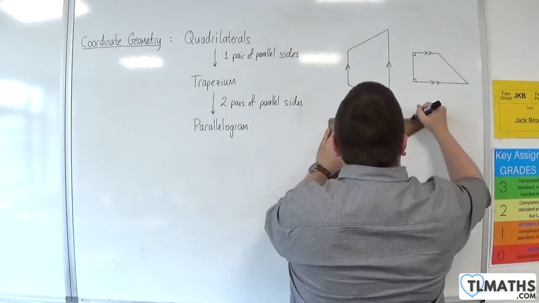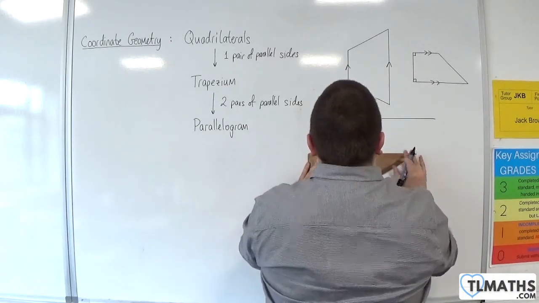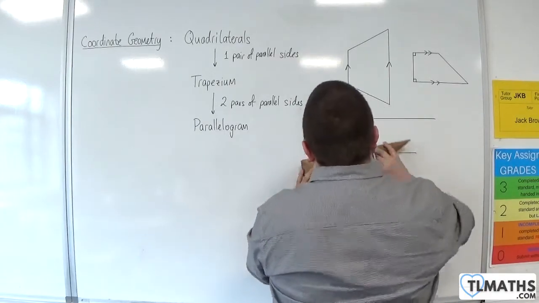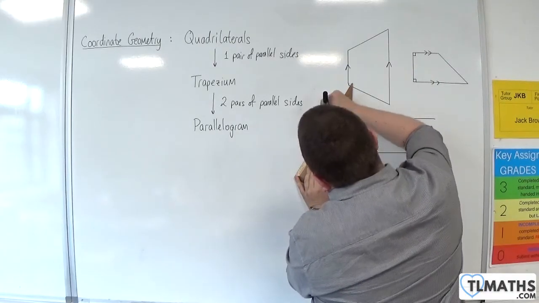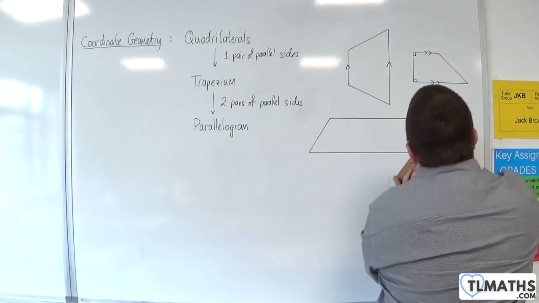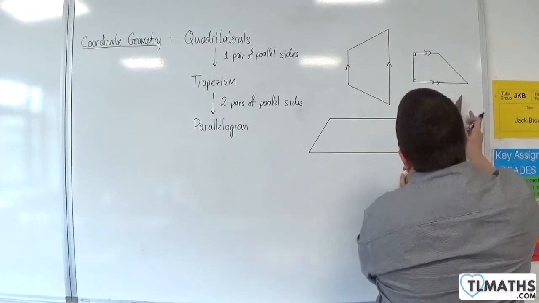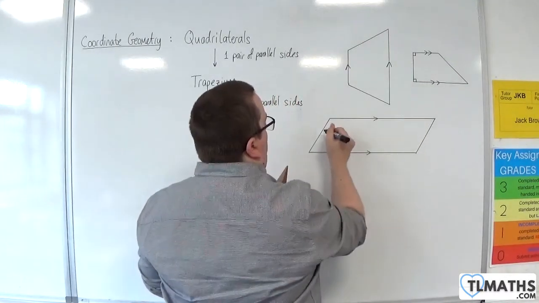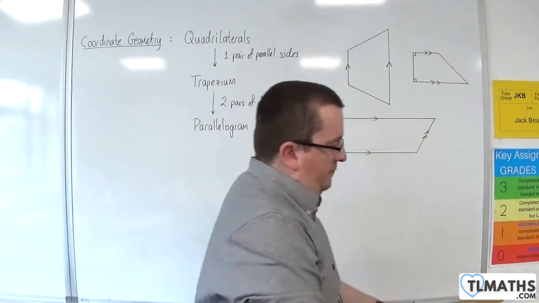Okay, so let's say we've got one there and one there. Here is an example of a parallelogram. So those 2 sides are parallel, and those 2 sides are parallel. Okay?